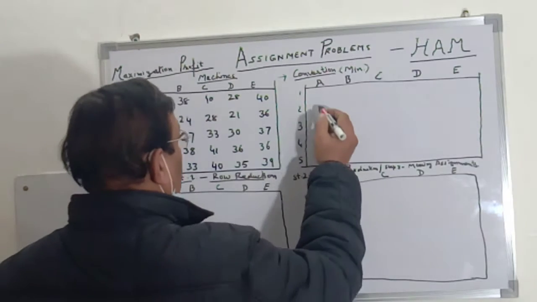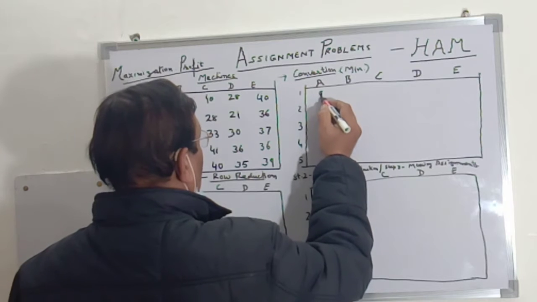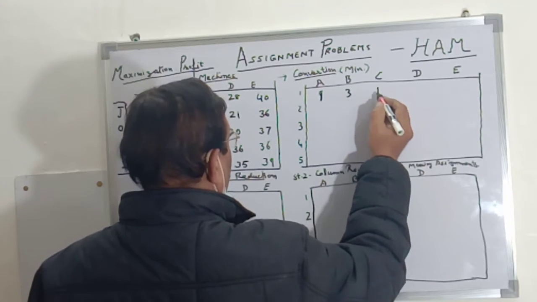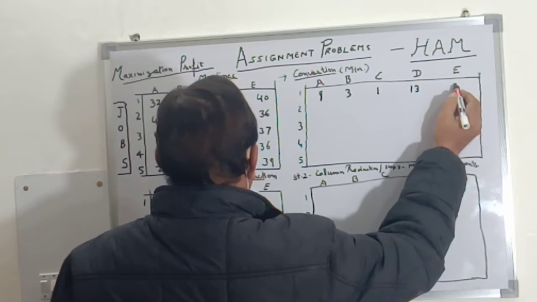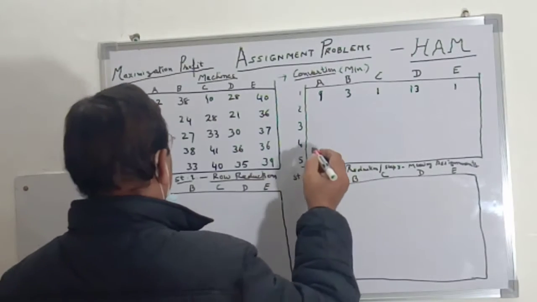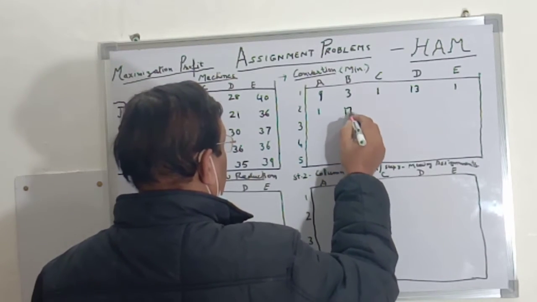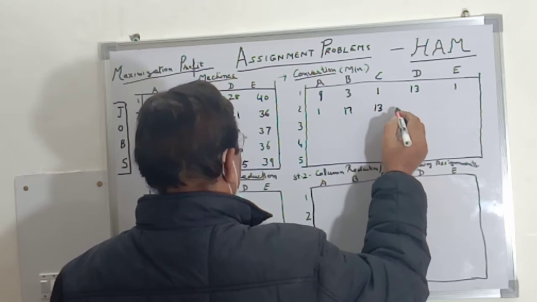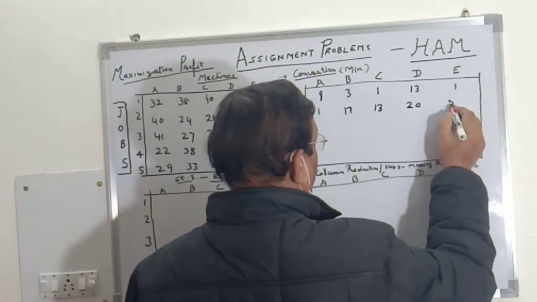We get 41 minus 32, 9, 3, 1, 13 and 1. Again 1, 17, 13, 20 and 5.